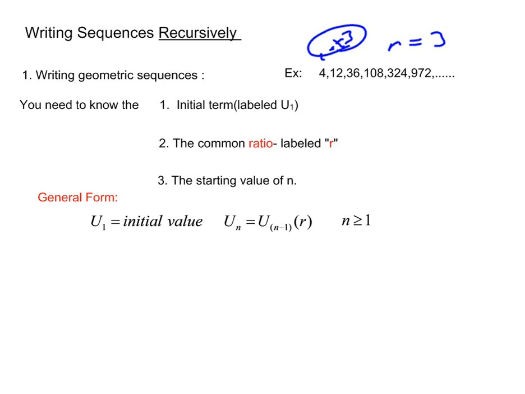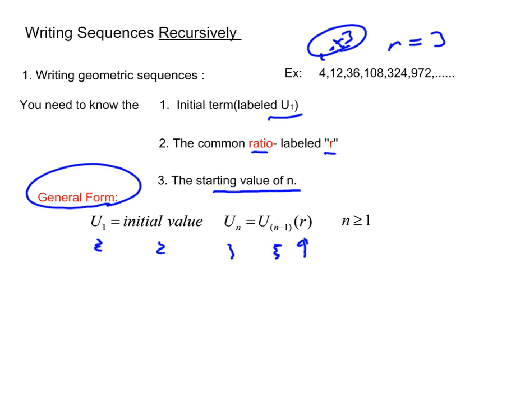We need to label the initial term. We need to find that common ratio, r, and we need to write the starting value. So the general form for a recursive sequence when it's geometric is u sub 1 is equal to the initial value. U sub n is equal to u sub n minus 1 times that common ratio.